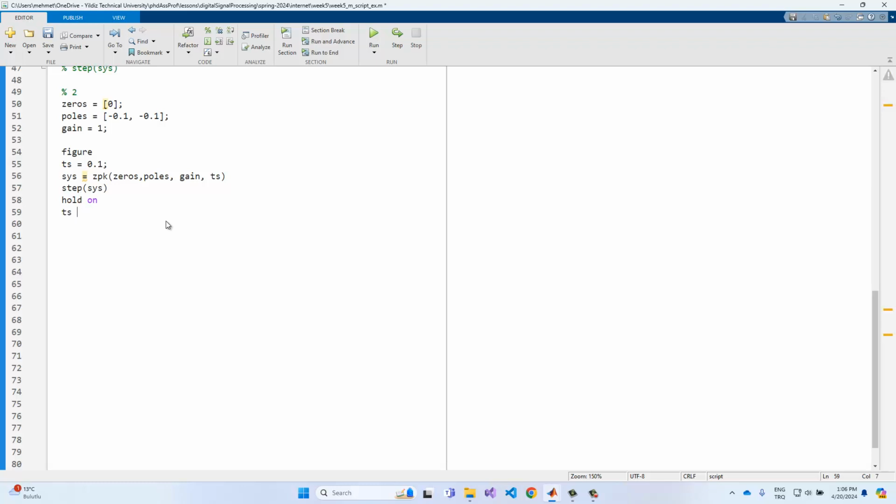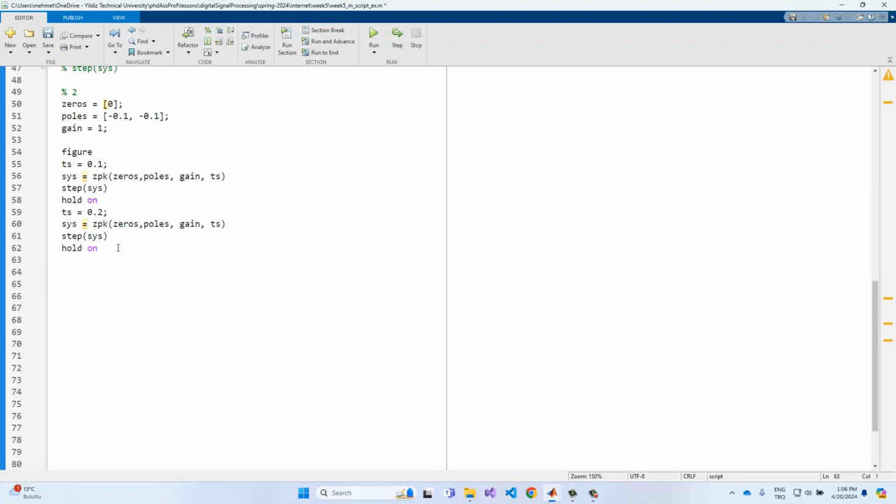Okay, and so hold on can be given in here. Ts 0.2 can also be assigned in here. This is a different sampling rate. Okay, and so the Cs can be copied by using these terms just like this one. Okay, the Z transform function is the same, but the Ts value is different in here. Okay, and also we can write the step command, and also we can write the hold on in here.